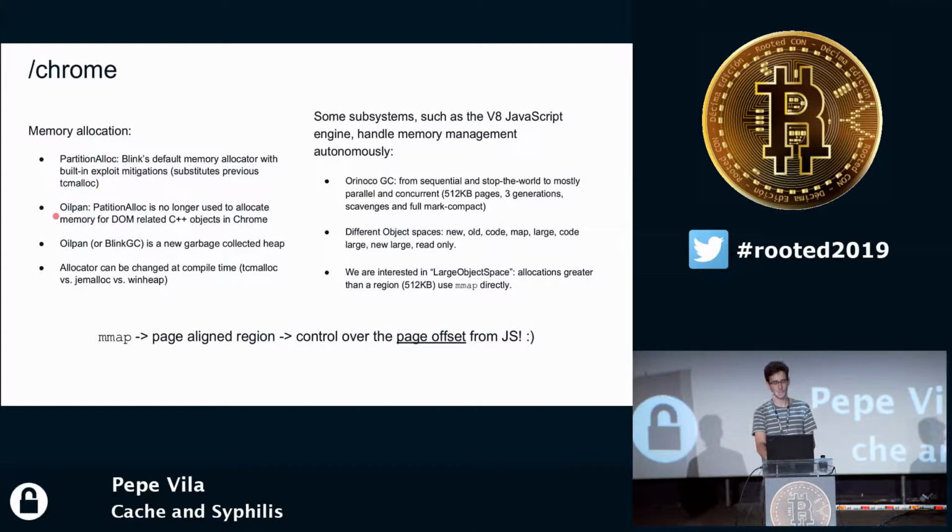Before, we used a partition and then other parts depending on the objects you're working with, garbage collected or not. In the case of V8, to my knowledge, it manages the memory by itself. And the last thing is they included Rooted, which is a garbage collector.